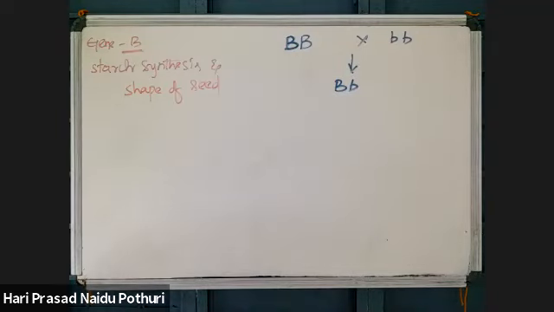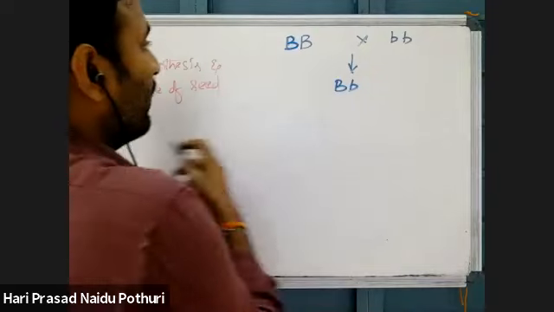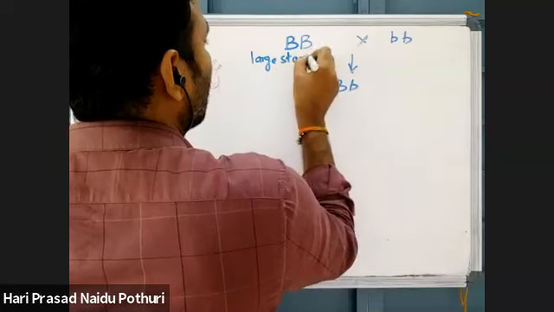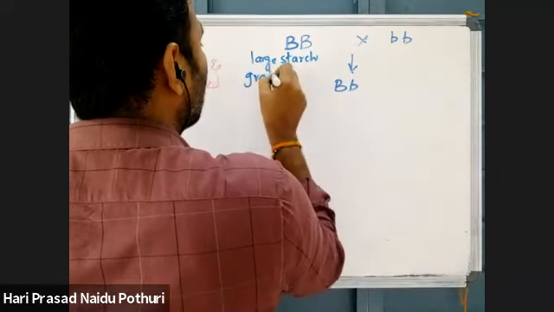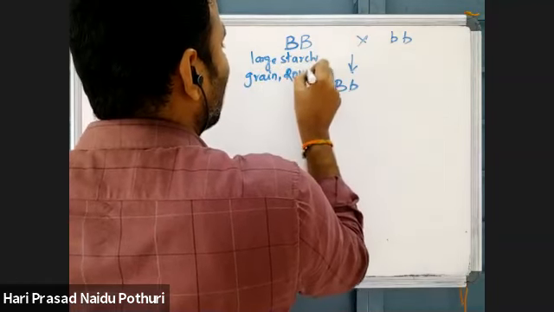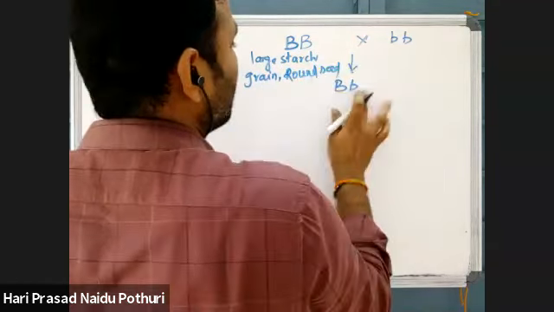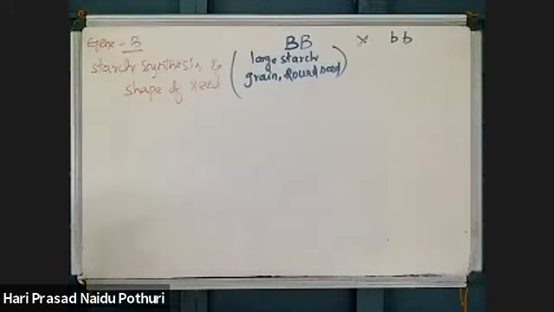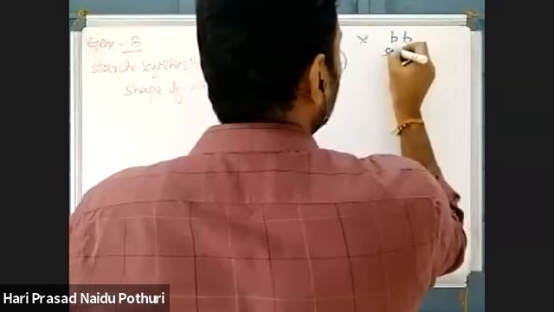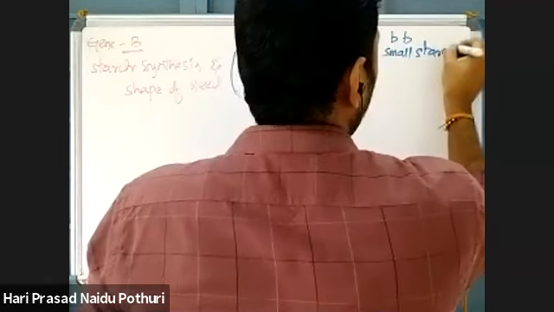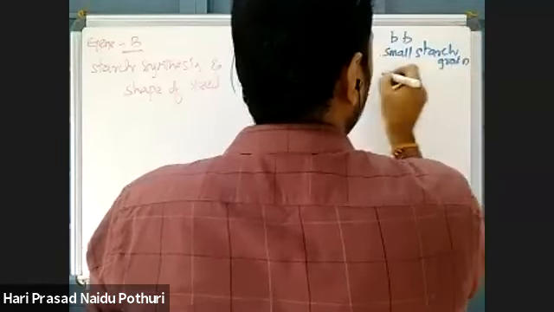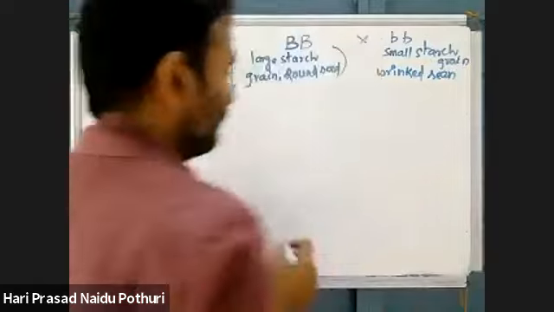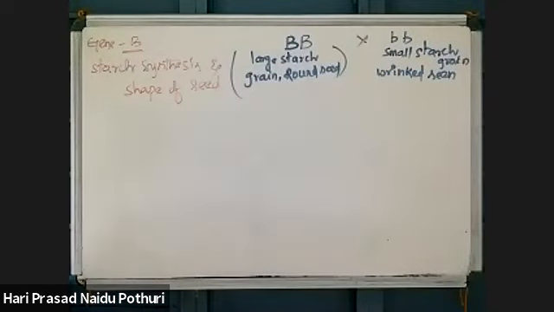See here, BB synthesizes large starch grain and round seed. Large starch grain and round seed. And bb is the one producing small starch grain, but it has wrinkled seed.